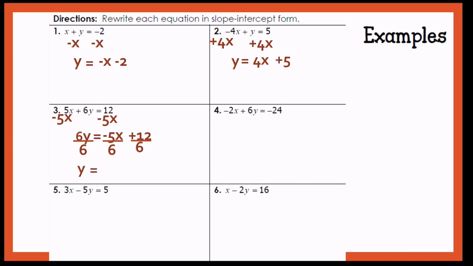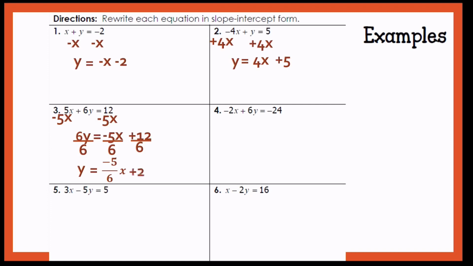I can't do negative 5 divided by 6. Yeah, I can take a calculator, but it's going to be a long decimal. So leave it. Negative 5 over 6x. That's what it is. But I can do 12 divided by 6, and that gives me 2. So again, I need you to write m equals negative 5/6. That's your slope.